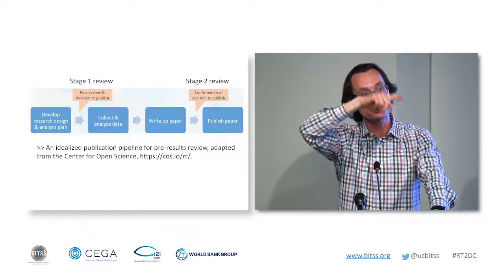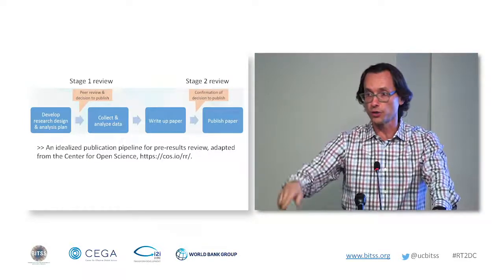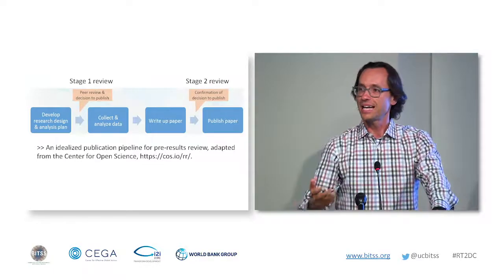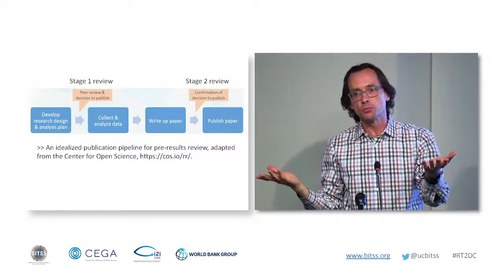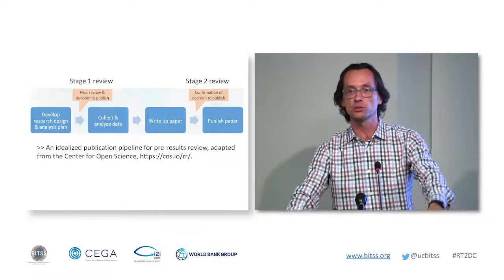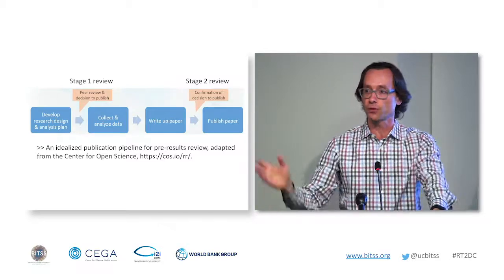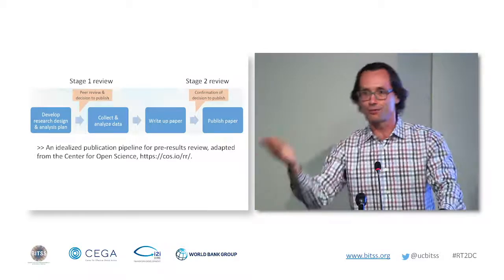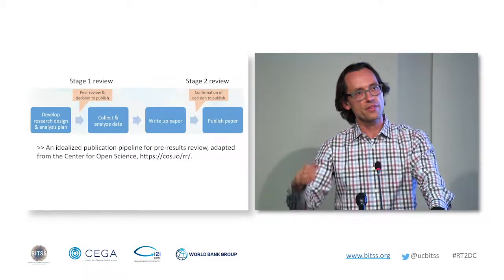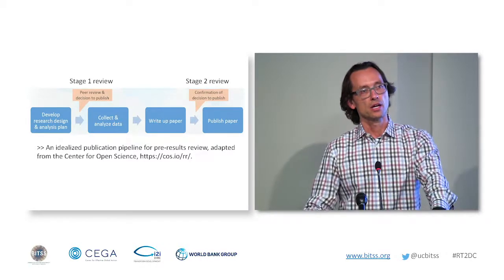The idea then is there is another round of review in the journal at that point, but the editors are committing to publish that paper as long as the interpretation of the results is reasonable. So, you ran the test you said you were going to run, you interpret it in a sensible way, we're going to publish it. We don't care if the results are what we expected, not what we expected, null results, we're going to publish it. And then the paper eventually gets published.